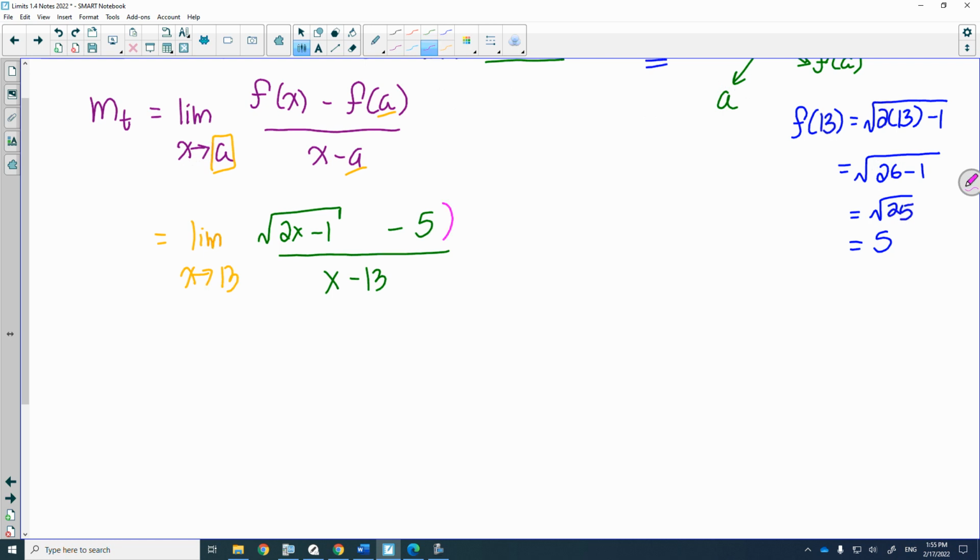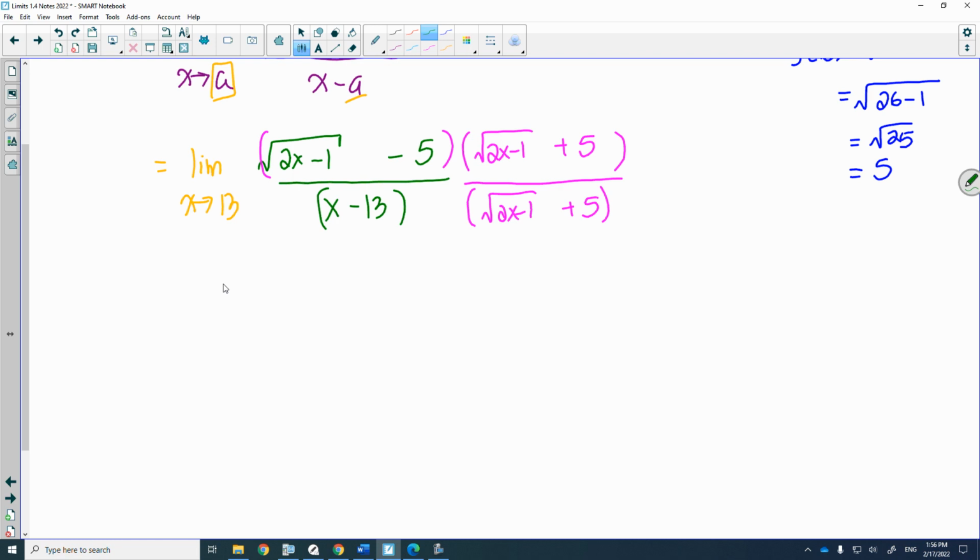The conjugate of the numerator would be the square root of 2x minus 1 plus 5. And I'm going to multiply numerator and denominator by that conjugate. This is going to be equal to the limit as x approaches 13.